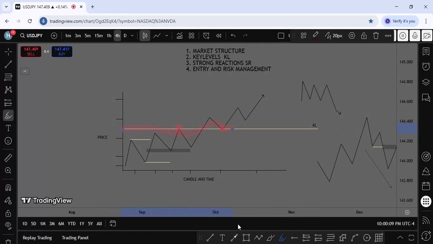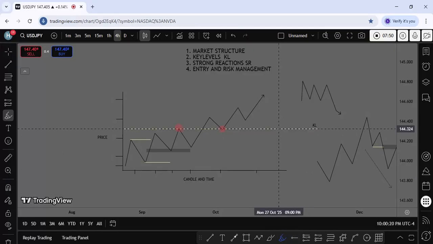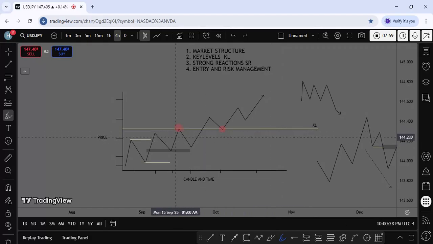So we can move on and note these key levels are very important because they are your decision area where the market is likely to respect and reject. Price always respects and rejects this place.